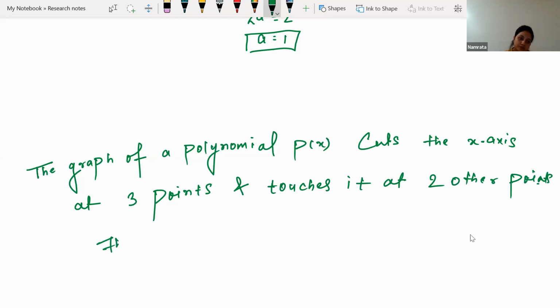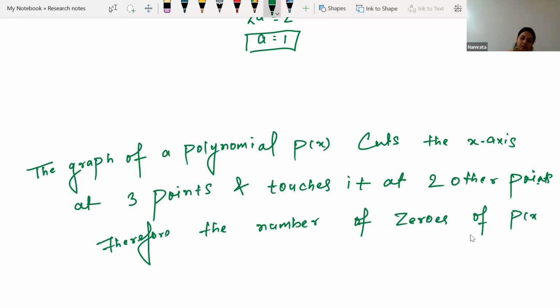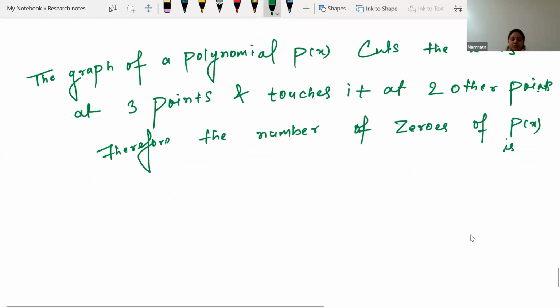Therefore, the number of zeros of p(x) is... can you see?